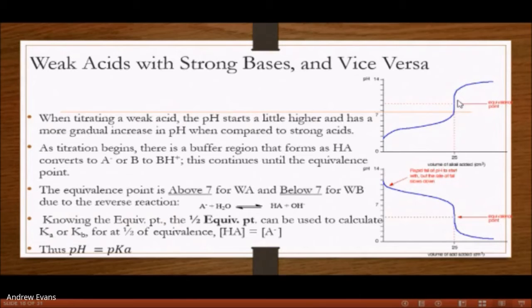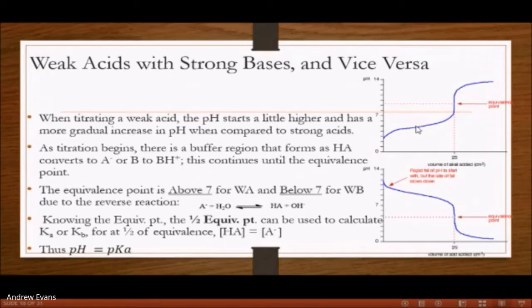So it's more of a gradual increase rather than the sharp increase. This middle region, where it picks up and then slows down, is called the buffering region. That's the region where, remember, the buffer should work.